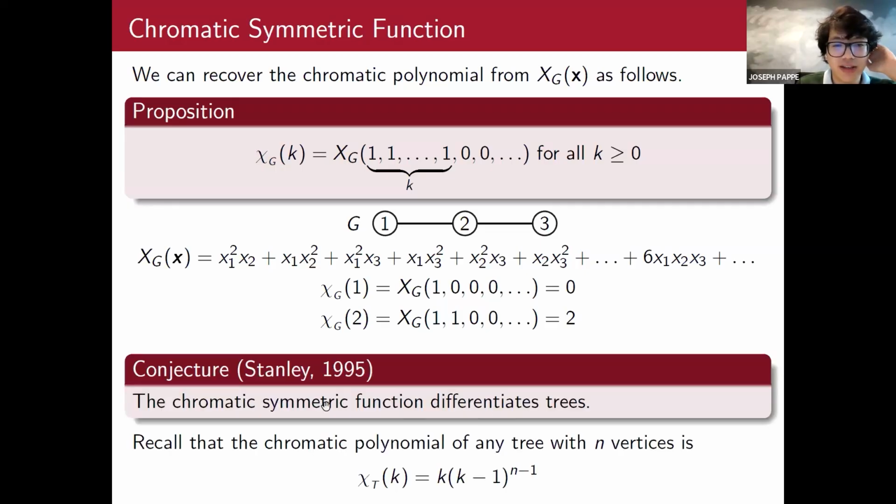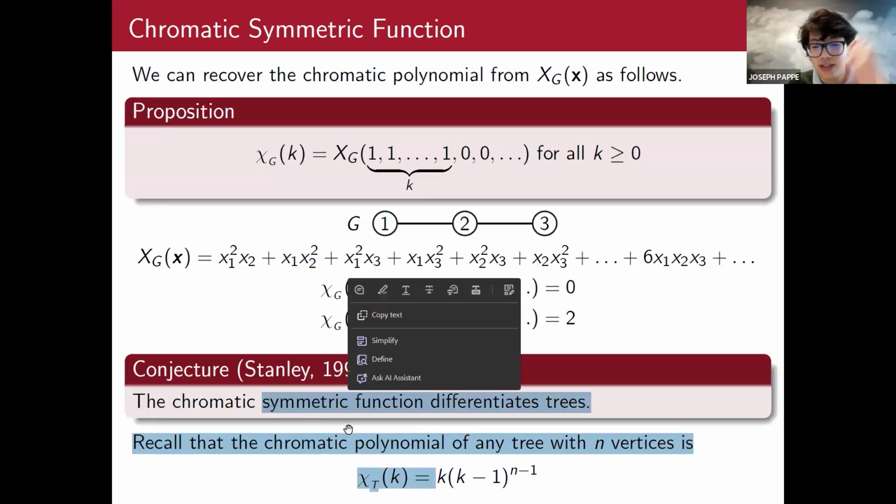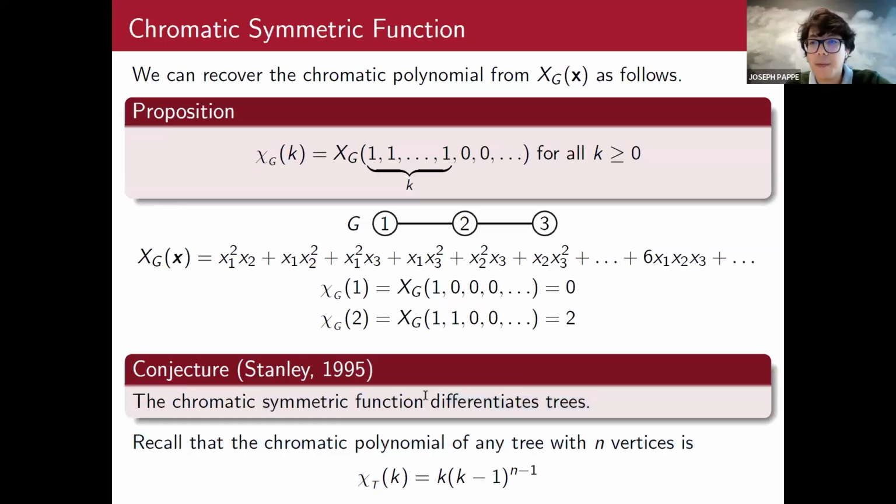It's a conjecture that the chromatic symmetric function differentiates trees. Remember, the chromatic polynomial of a tree was always the same, meaning that it couldn't tell trees apart. But by upgrading it to this chromatic symmetric function, this gives us a way, conjecturally, of being able to differentiate trees.